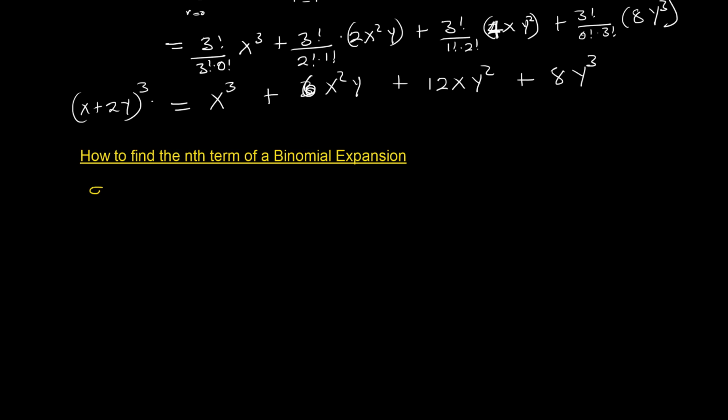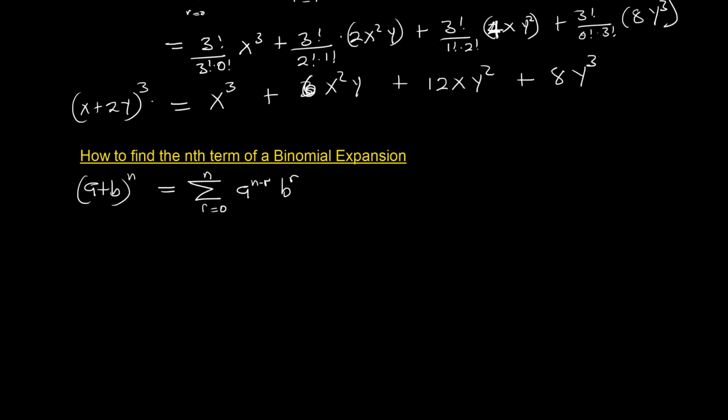We now know that if we have a plus b to the n, the terms are nCr, where a is raised to n minus r, and b to r.